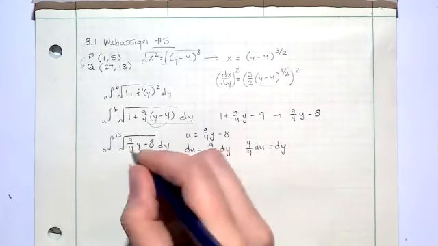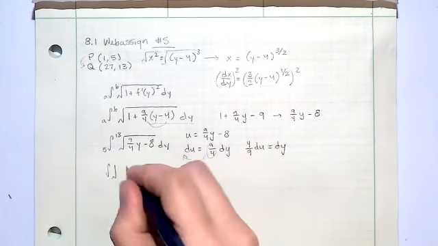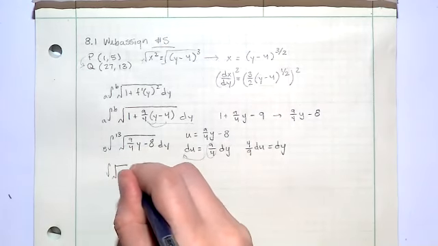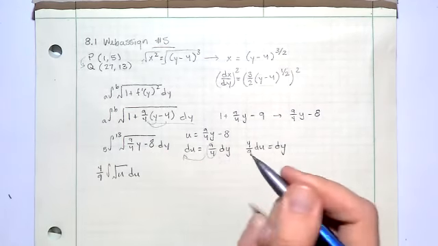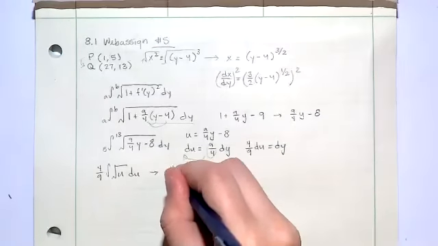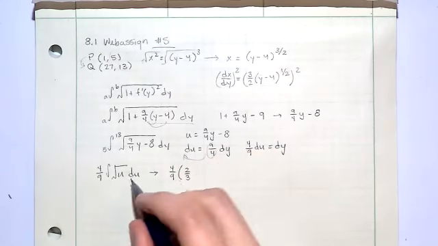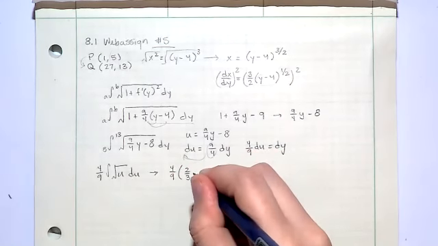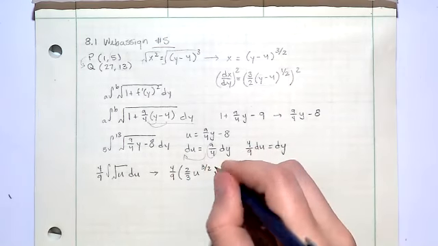That then becomes the integral of the square root of u du. Remember to carry out that 4/9 in front. And then you get 4/9 times the integral of that square root of u, which is going to be 2/3 u to the 3/2.